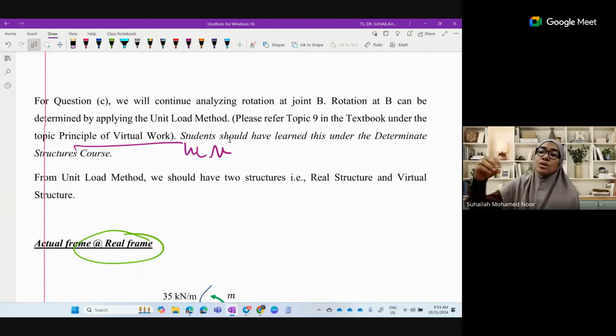So soalan tu, kalau dia tak sebut flexibility method, dia hanya sebut kira rotation in this indeterminate frame at position mana-mana kan, you still kena buat flexibility method. Sebab dalam case ni, real structure is indeterminate structure. Kalau sebelum ni real structure is determinate structure. So bila dia indeterminate structure, you kena go through all flexibility method process sampailah you dapat all reaction.